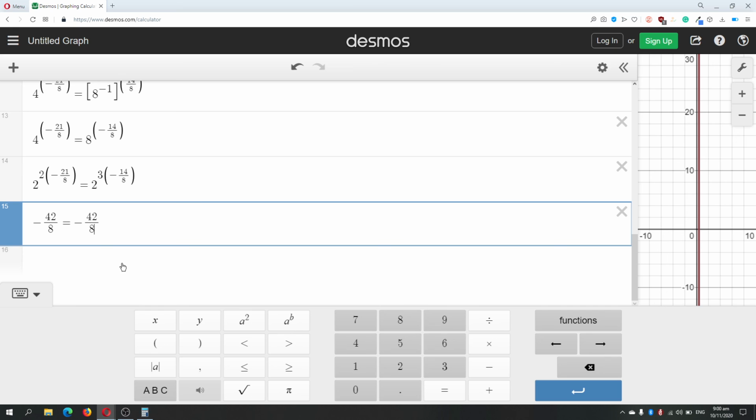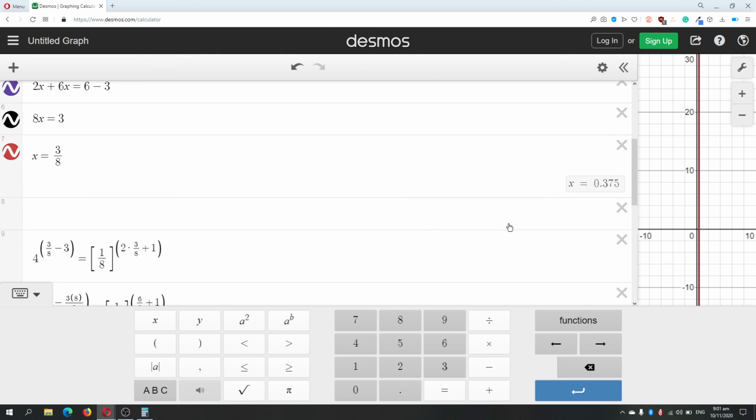Ganun siya. So, since parehas na sila ng exponent, parehas sila ng base form, nakuha natin yung solution dun sa ating equation. So, that is basically the lesson about equations. So, that concludes our lesson sa math.